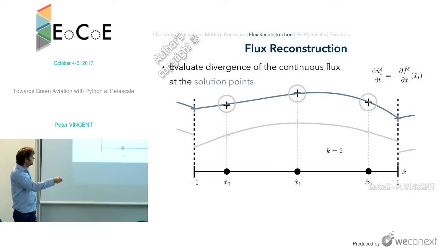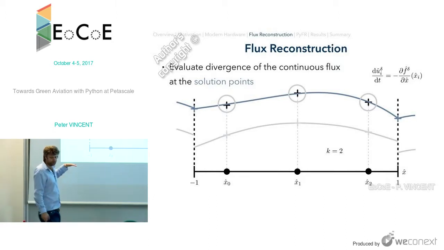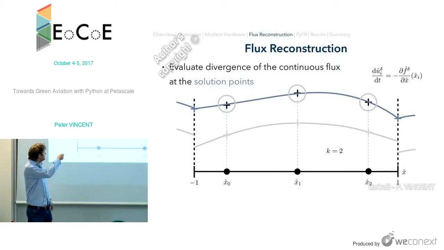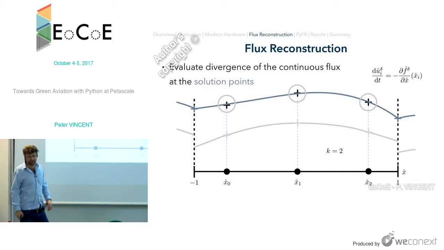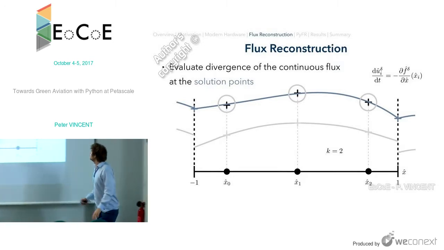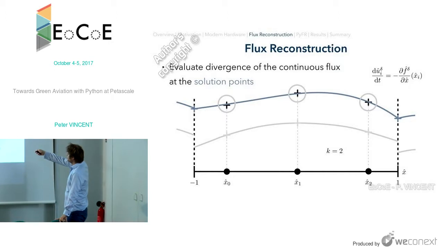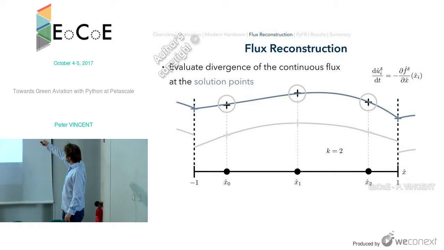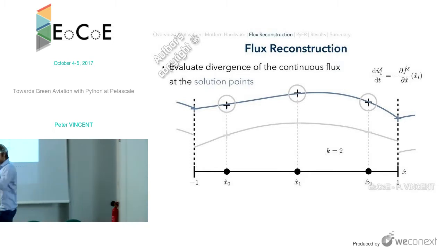So because you've added a degree k plus 1 polynomial to a degree k polynomial, you have a degree k plus 1 corrected flux that's C0 continuous between the elements. And it's this corrected flux that you can evaluate the gradient of, so in general the divergence of, at each solution point, and use this via a suitable temporal discretization of this semi-discrete form to update the solution in time to the next time level.